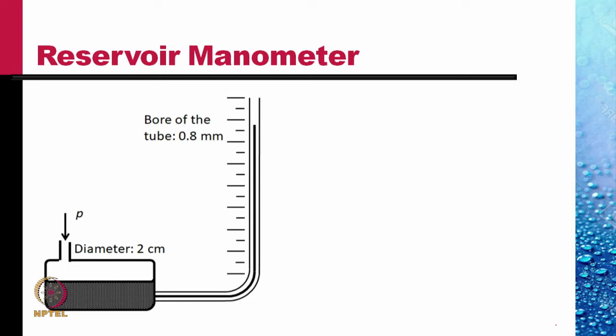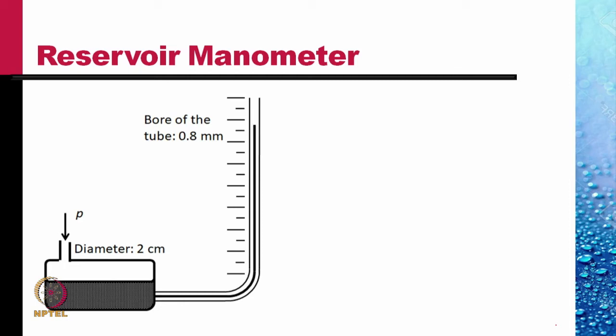Since the diameter of the capillary is very small, as the fluid level changes in the tube, the level within the reservoir does not vary significantly, and we can assume this is at a constant level.